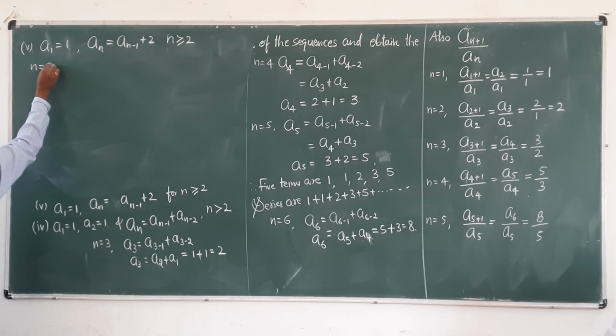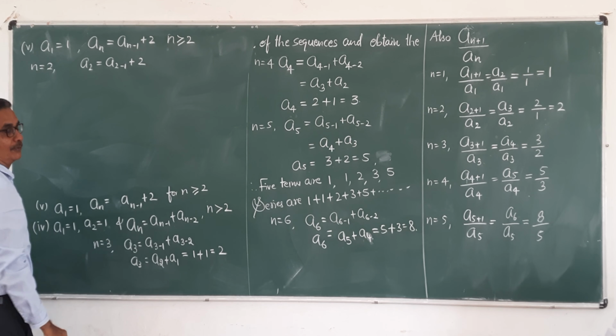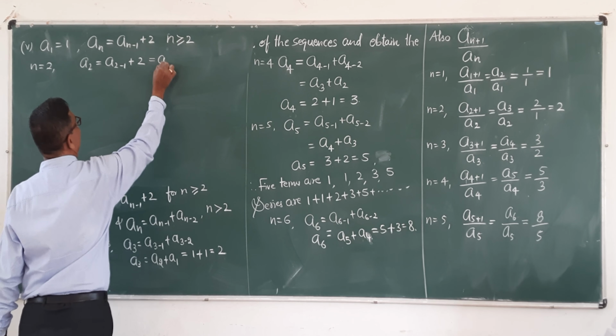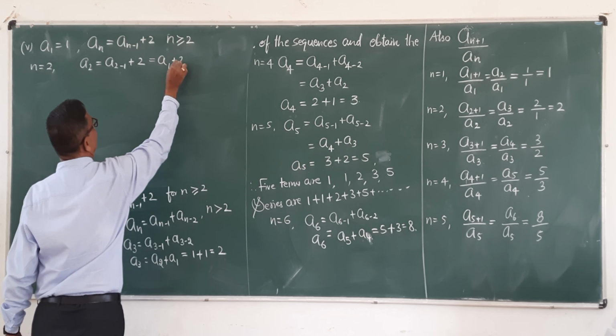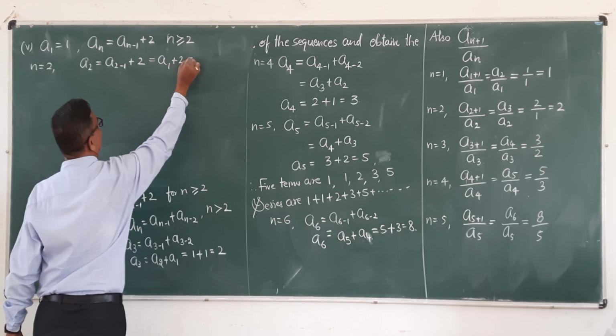So take n is equal to 2. Don't take n value 1, because the condition is n should be more than or equal to 2. Take n is 2. a2 is equal to a2 minus 1 plus 2. That is a2 minus 1 is 1, plus 2. The a1 value 1 plus 2, 1 plus 2, 3. Right?